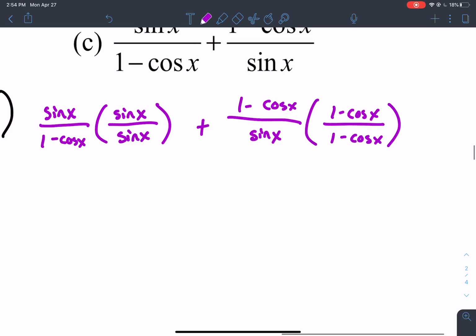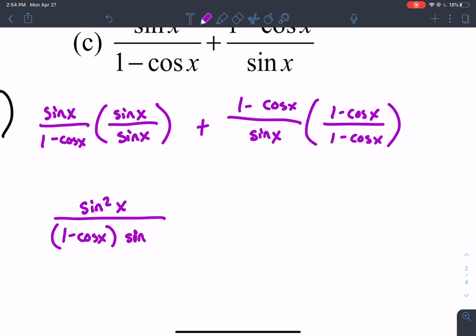If you put the top together, you got sine squared over 1 minus cosine times sine, plus, now it's not a difference of 2 squares, because they're both 1 minus cosine, so you just need to FOIL that out.